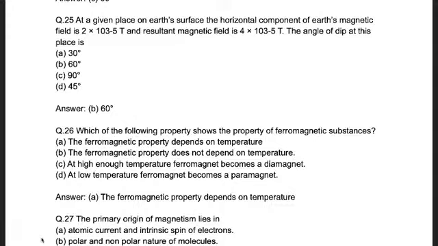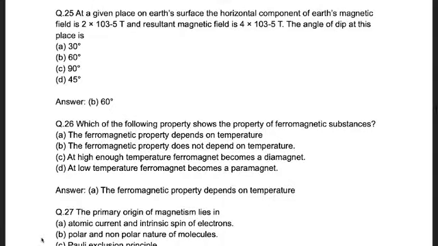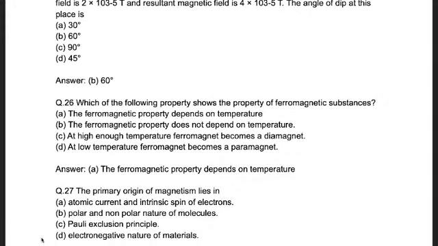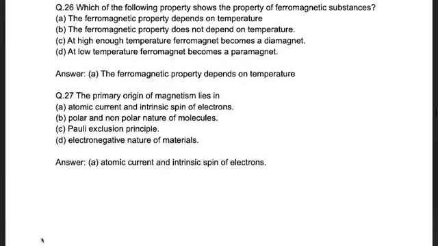D. Electromagnetic nature of the materials. Correct. Your answer is A. Atomic current and intrinsic spin of electrons.